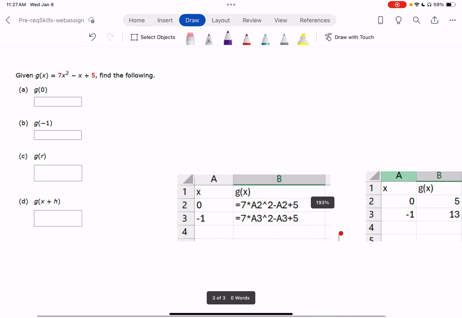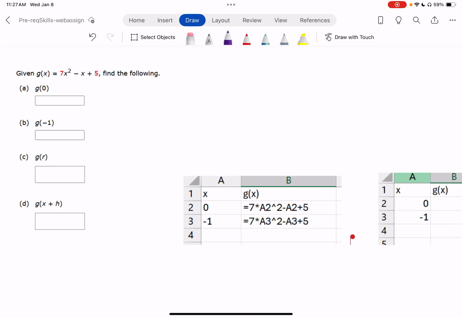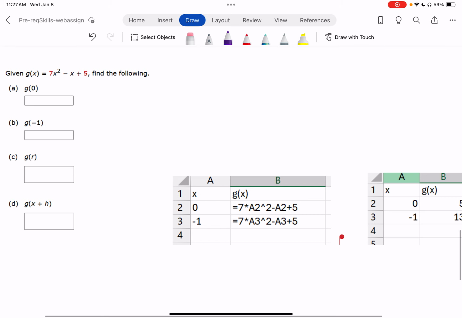So then here's an example where they're giving you a g of x function. They're not giving you the graph, and they're wanting you to find g of 0 and then g of -1. I wanted to remind you, practice using Excel. I've got some screenshots down here, and what I did for my inputs is I used 0 and -1. You can see that here. And then for my formula, I'm using this g of x function that was given: 7, then cell referencing A2 squared, minus A2, plus 5.